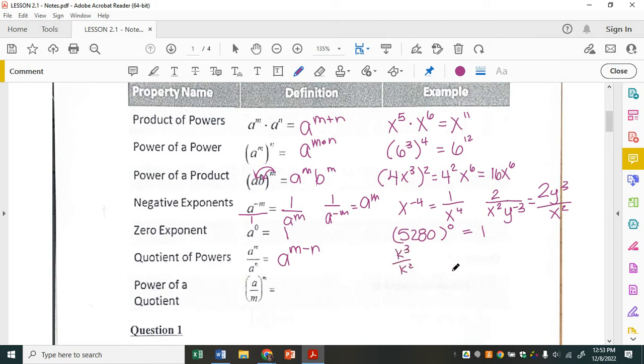So if I had k to the third over k to the second, I combine them by taking 3 minus 2 as my exponent, and I just have k to the first power, or just k. Anything to the first power is just itself.